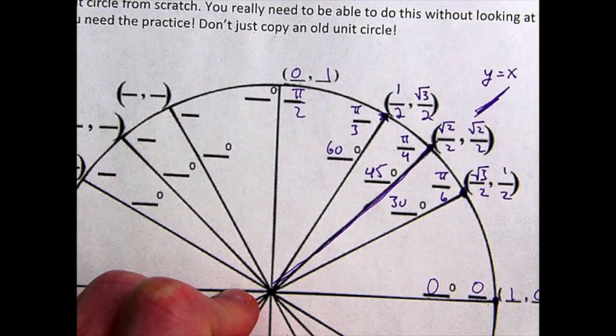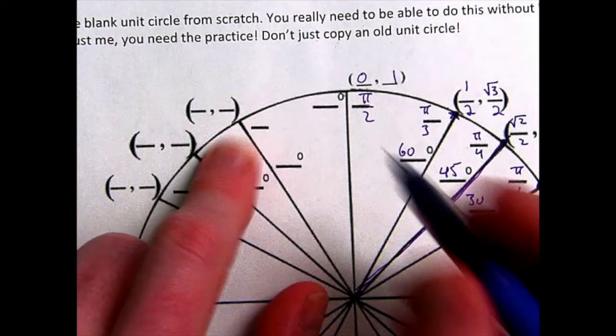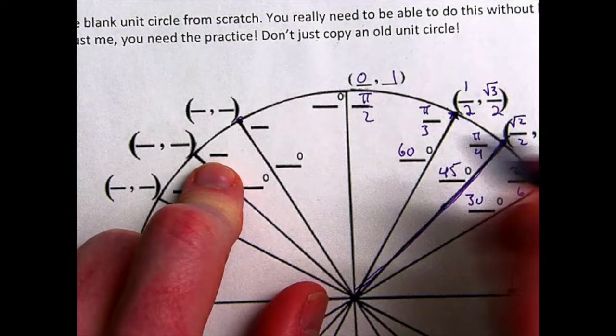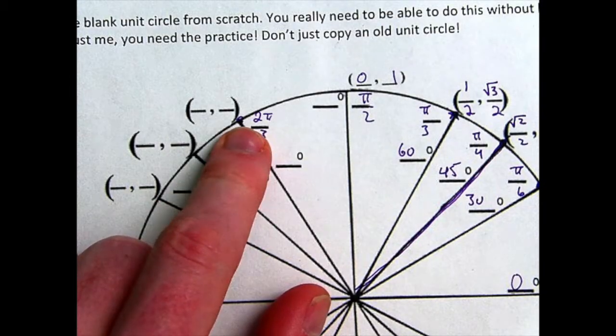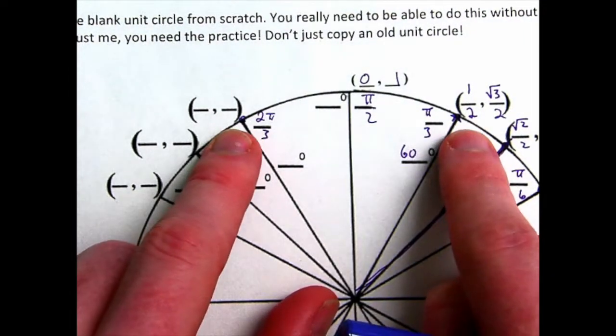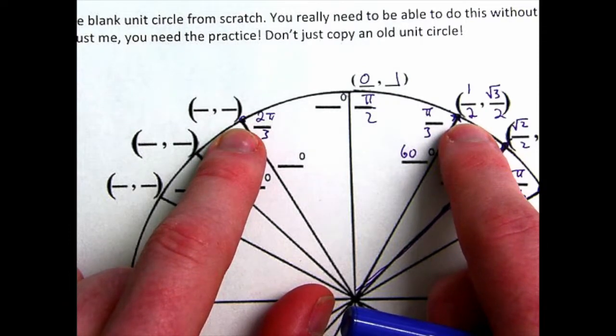Now, the rest of the unit circle can be filled in by using basically symmetry arguments. So if you look at this point right here, for example, which is 2 pi over 3, compare the coordinates of this point with the coordinates for pi over 3. They're very similar. If you look, the y coordinates are the same, right?